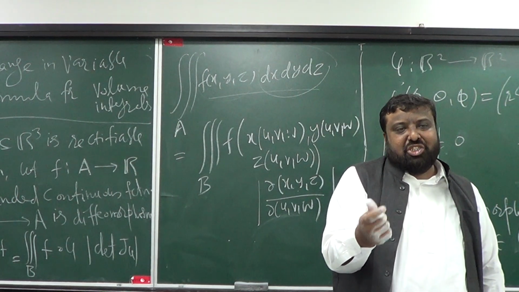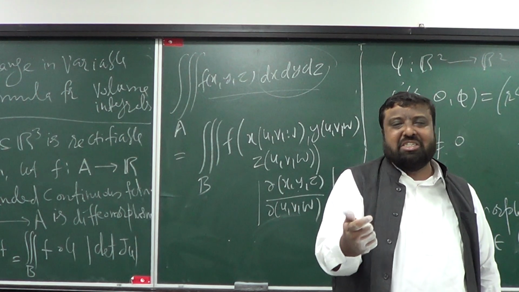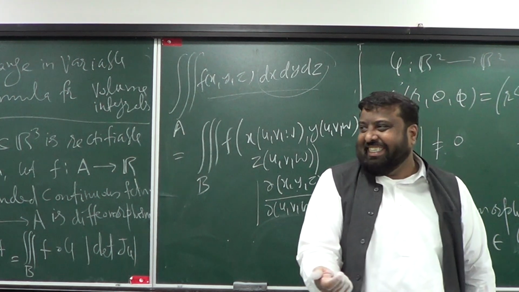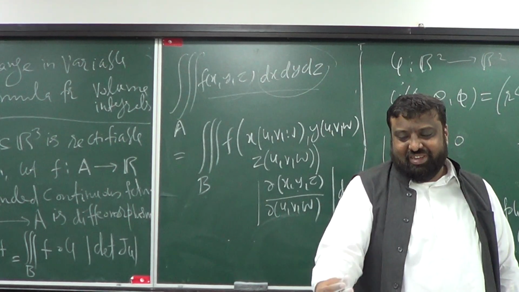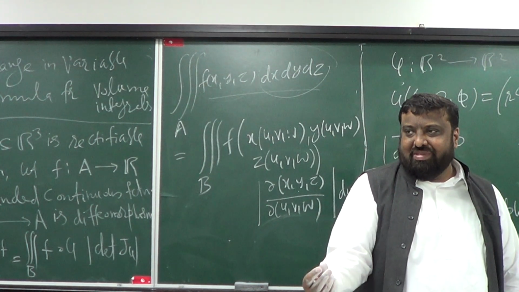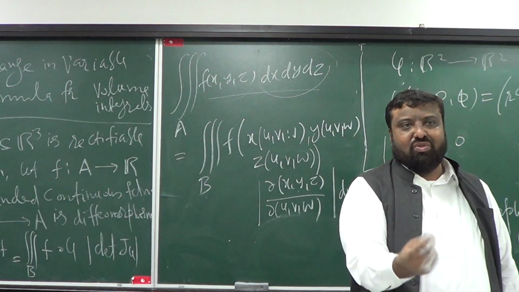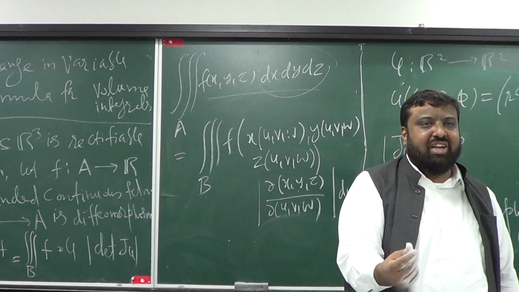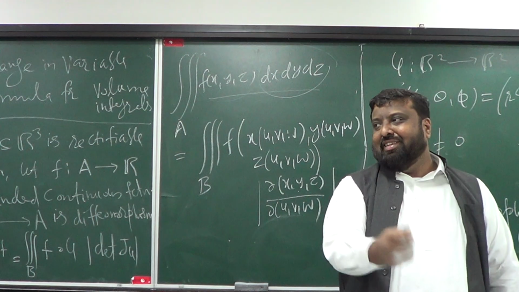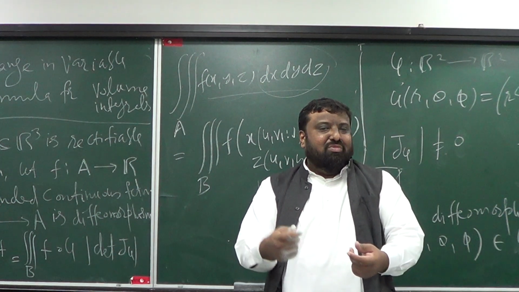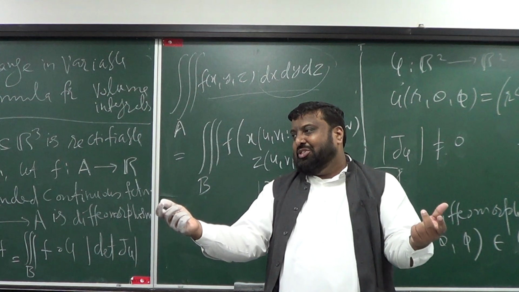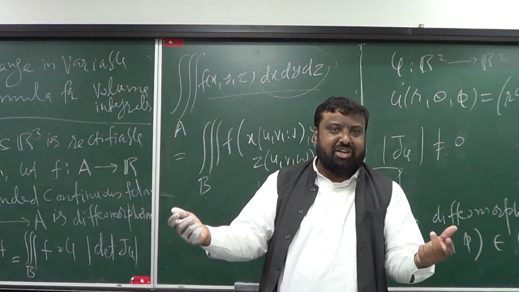Okay. Then the change of variable formula is really changing the container. That's it. So instead of taking, for example, a cubical container through which you want to take sugar, now let's take a cylindrical container and take the same thing. And then you are saying how these two containers are related with each other.